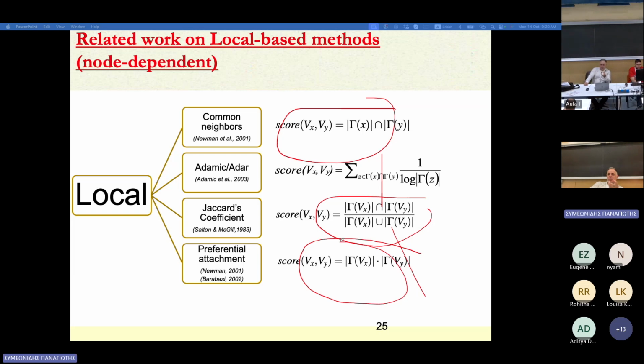So here is the product of the number of adjacent nodes of the two target nodes, Vx and Vy, and you can predict that these two nodes will be connected in the future because of the high number of adjacent nodes they already have. If they are, let's say, top scientists, it is easier for them to be connected because of their common papers, etc.